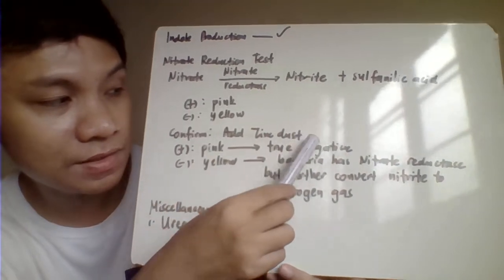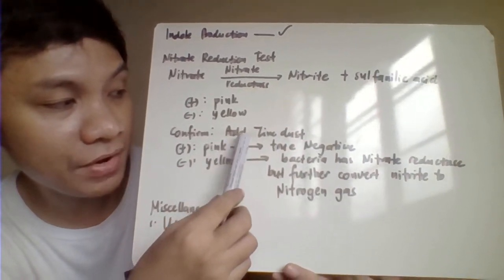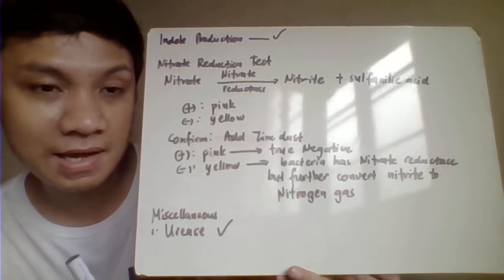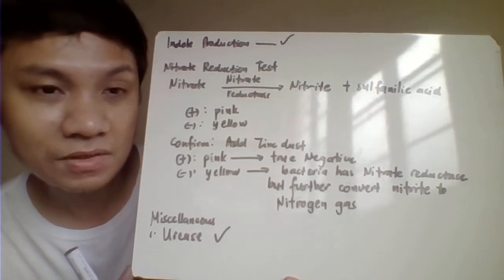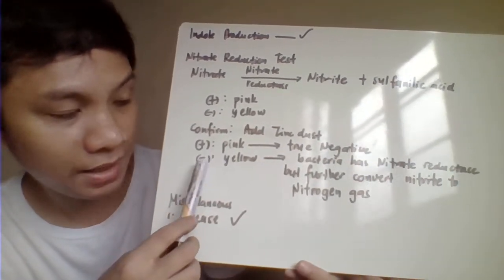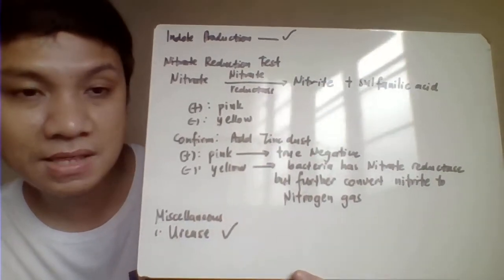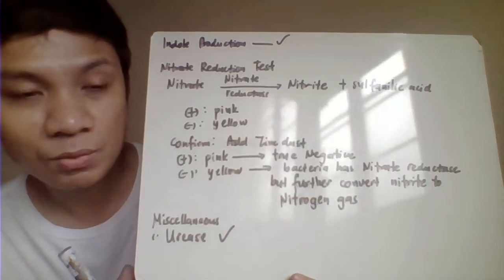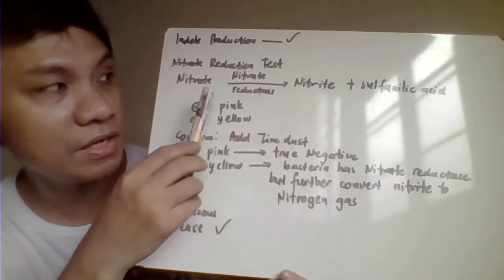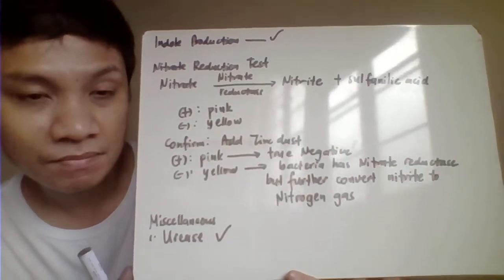It turns pink because this is your positive control. If it turns pink after addition of zinc dust, it means that one is your true negative result. It turned positive because you added the positive control. If it stays yellow even after addition of your zinc dust, which is your positive control, it will signify here that the bacteria present is capable of reducing your nitrate to your nitrite, meaning it has nitrate reductase.